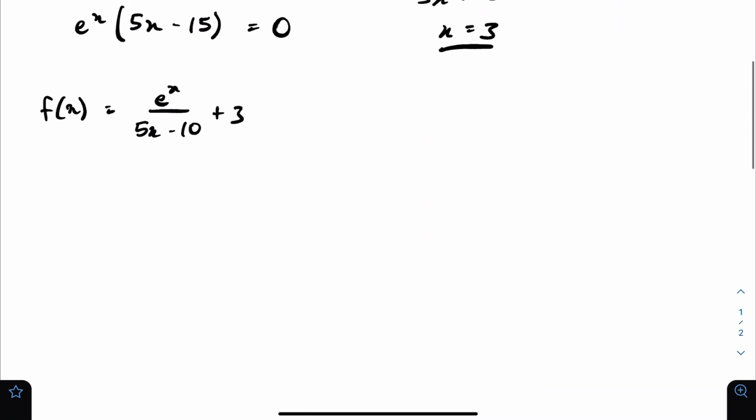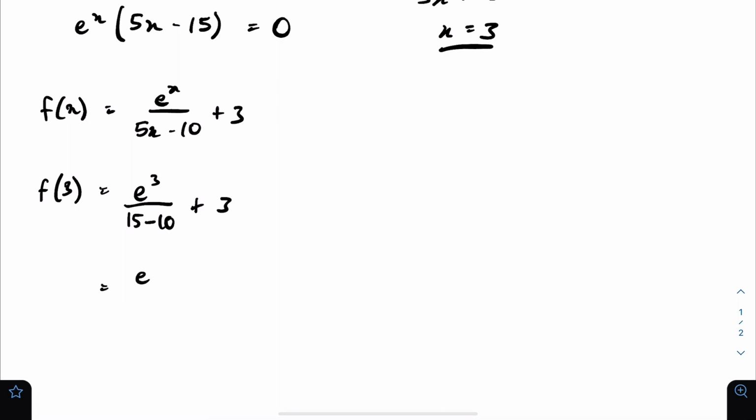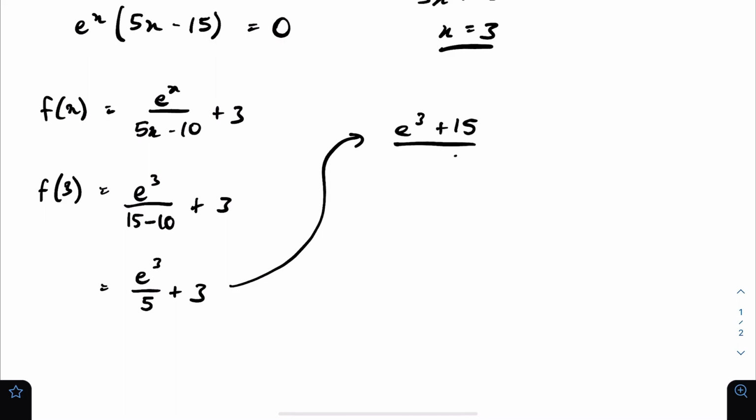And then we can say that f of 3 is equal to e cubed over 15 minus 10, plus 3, which is equal to e cubed over 5 plus 3. If you want to make this one common denominator, we get e cubed plus 15 over 5.